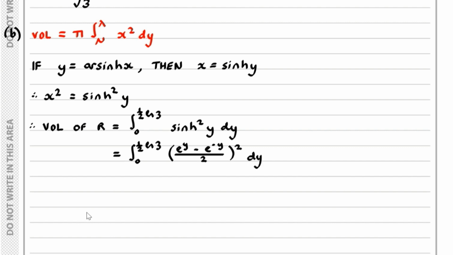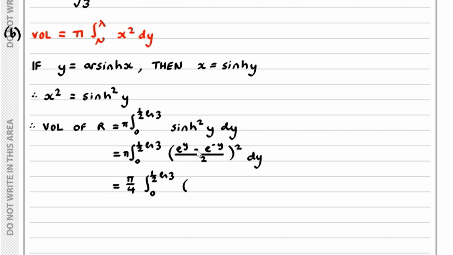We've got dy here. And don't forget we've got the pi here as well. So we've got 1 over 2 squared times pi, so that's pi over 4. And then we've got the integral from 0 to 1/2 times the natural log of 3.